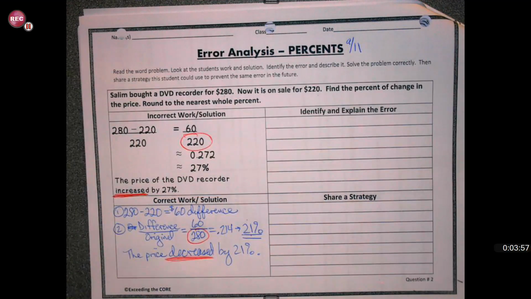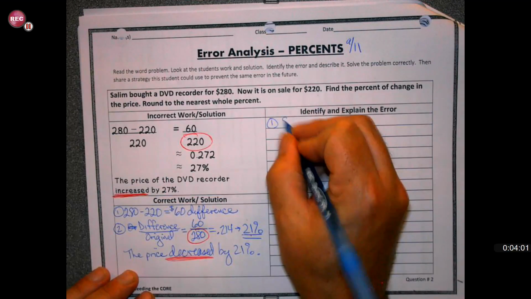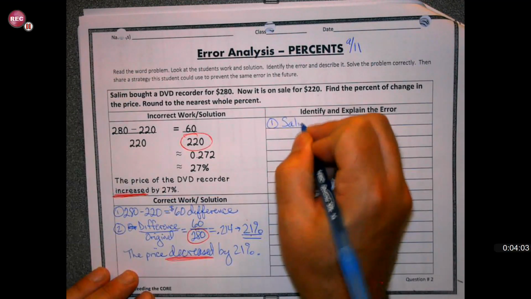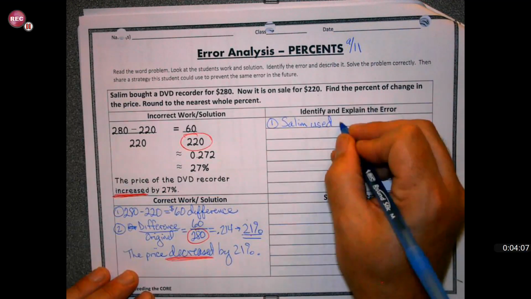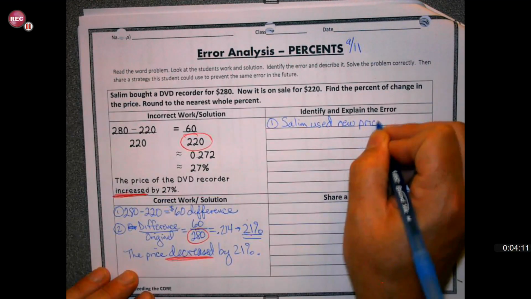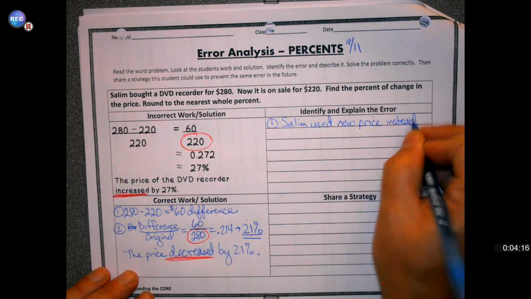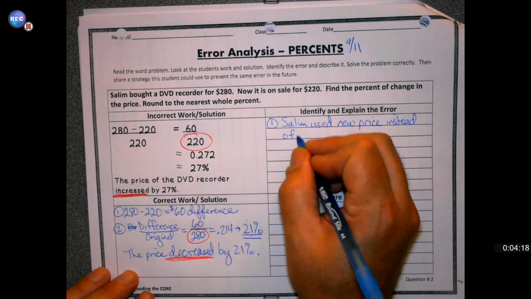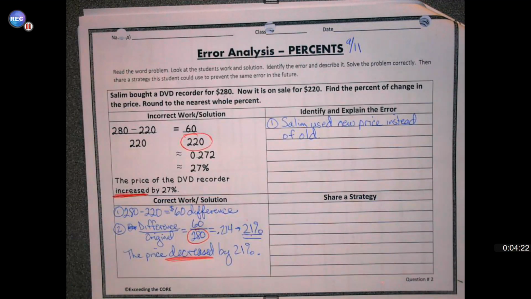Okay. I look, well, the first one, Salim used the new price instead of the old one. That'd be a problem. That's a different percentage than what we're working with.